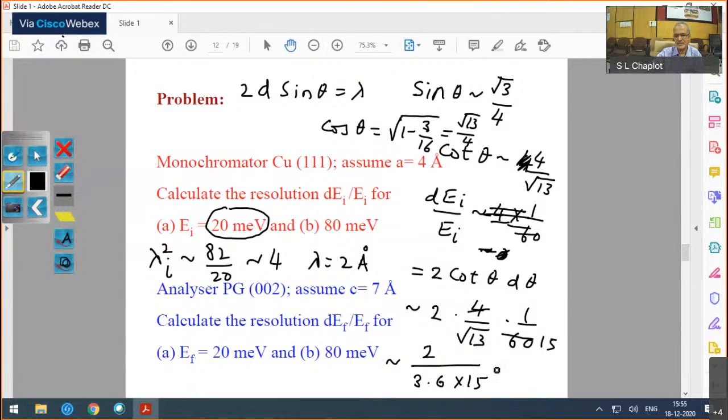So finally this will be of the order of 0.04 or so, around there. Okay, so is this different?